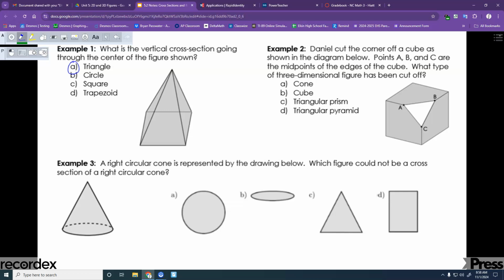All right. Example 2. Daniel cut the corner off of a cube. As shown in the diagram below, points A, B, and C are the midpoints of the edges of the cube. What type of three-dimensional figure has been cut off?